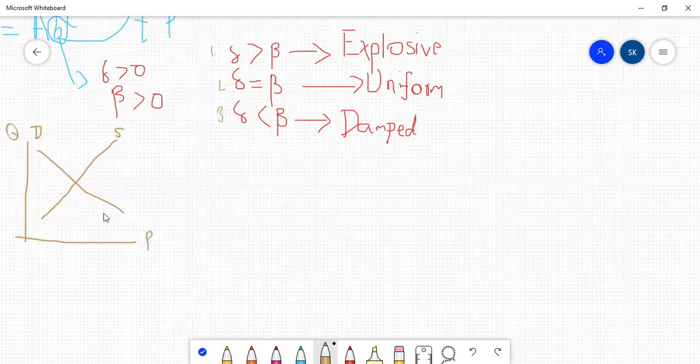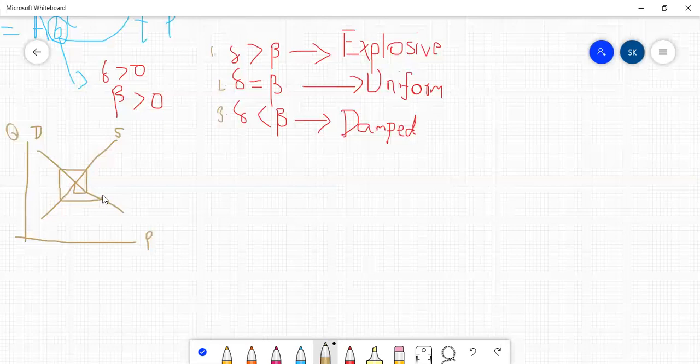When we are taking the Q on the vertical axis and P on the horizontal axis, the cobweb phenomenon will be explosive if the time path is such that it is moving in this way, where the amplitude of the cycle is increasing with each possible value.